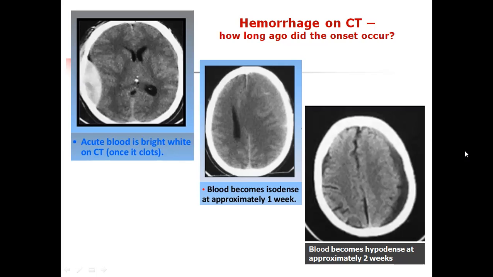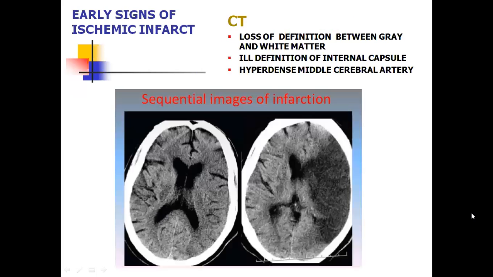And at last, blood becomes hypodense at approximately 2 weeks after the hemorrhagic event. So from bright in the first hours or days after hemorrhage, up to hypodense after 2 weeks.